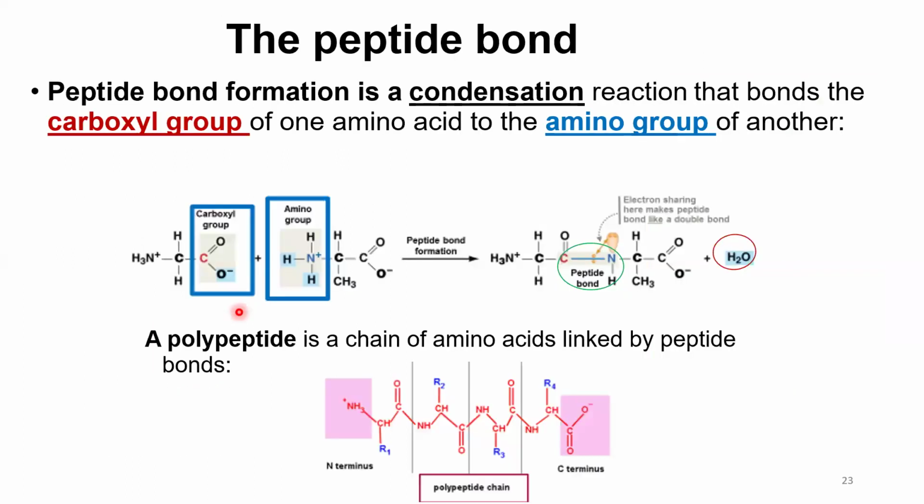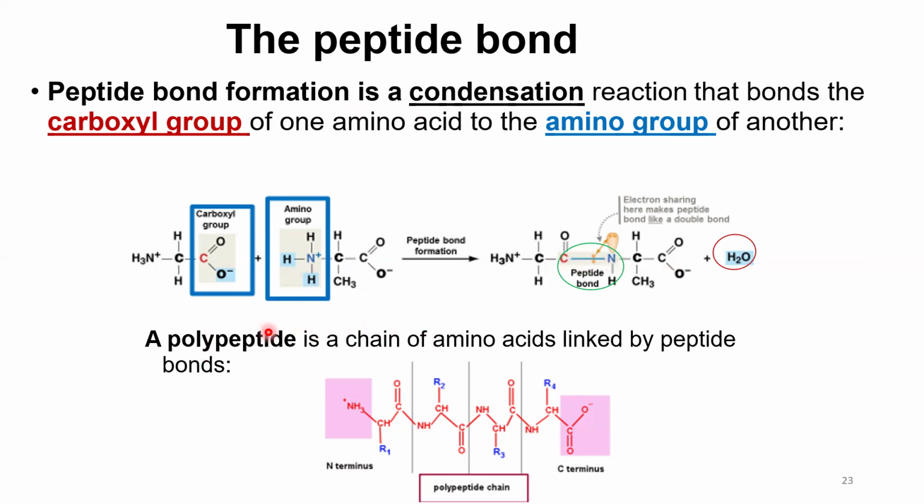So now what we see is another condensation reaction, which basically brings the carboxyl group of one amino acid and the amino group of another amino acid, bring them together, take out the water molecule, and you have a peptide bond. And that is what you see here.